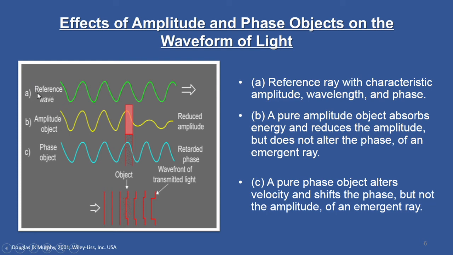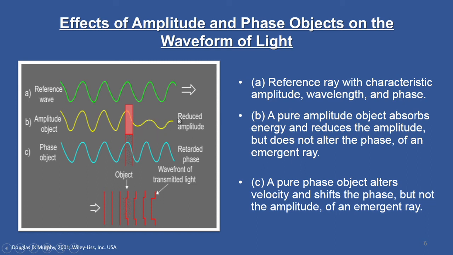The schematic A shows the reference wave, and schematic B shows an amplitude object. This is an object, and schematic C shows a phase object. So, what is the difference you see? You have the reference wave here, and for an amplitude object, when the wave passes through this object, the amplitude is getting influenced.